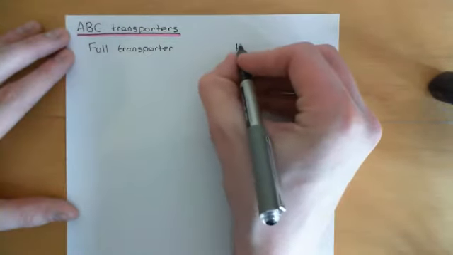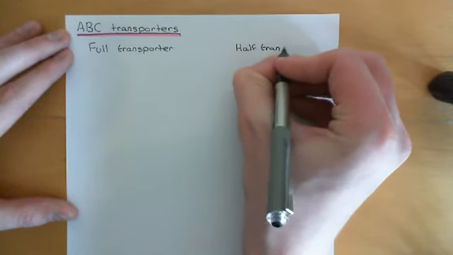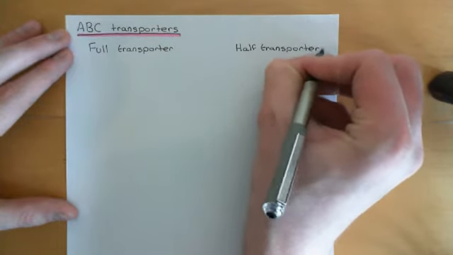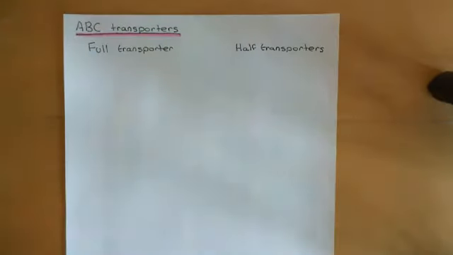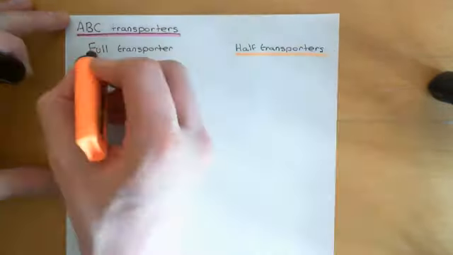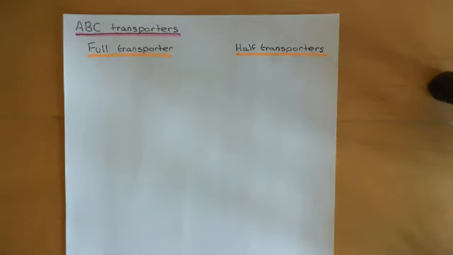Other ABC proteins are known as half transporters. This means that these proteins on their own are not capable of being an actual active transporter. Instead, they have to dimerize together with another identical ABC protein in order to form a functional active transporter.